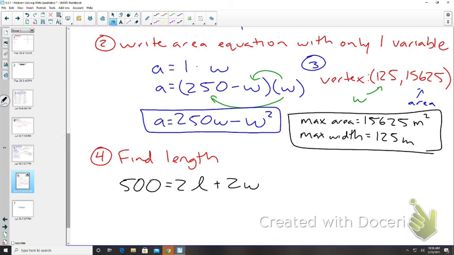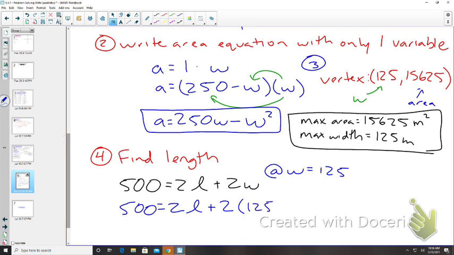Yeah, the maximum width. So I'm going to substitute that in here. W is equal to 125. Then we get 500 is equal to 2L plus 2 times 125.